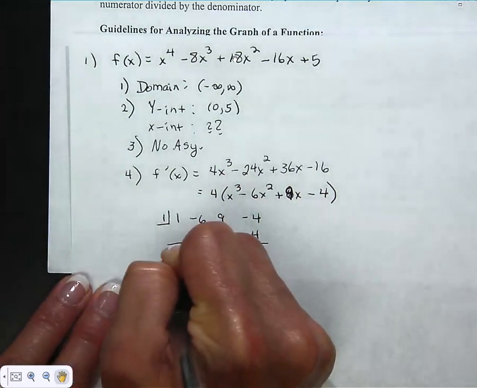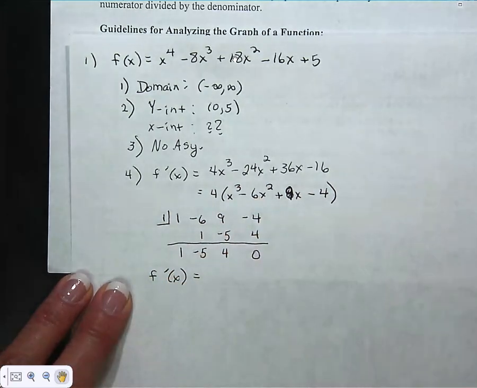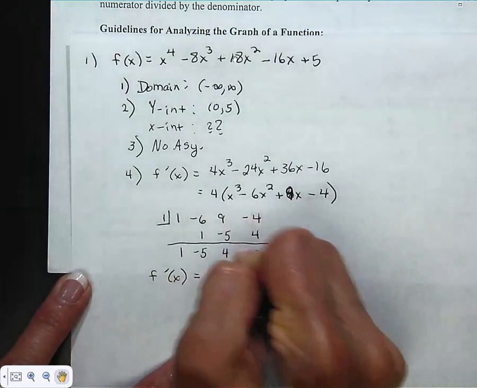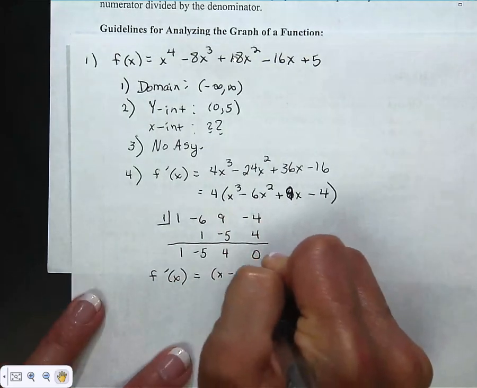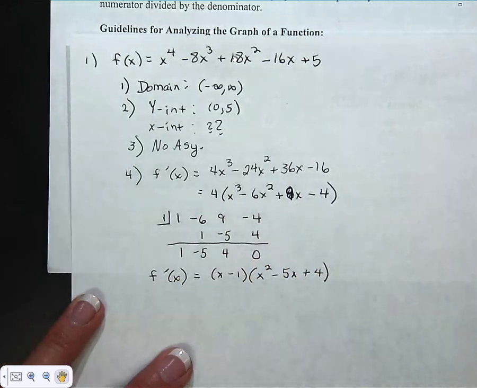That allows me to factor my derivative into a linear factor times a quadratic factor. If I have +1 in the box, I'm dividing by x minus 1, and my quadratic factor is something I can factor further.